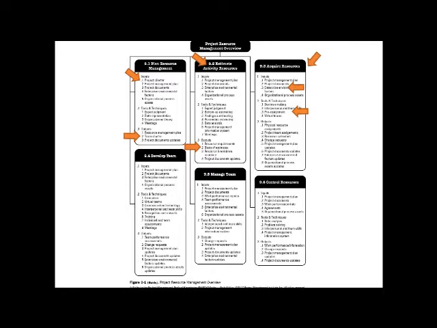Interpersonal and team skills, of course, comes up. Pre-assignment comes up. Change requests as an output from acquire resources. Project management plan comes out as an output, a longer list out of acquire resources than it was before, actually, when it just said acquire project team as a process.